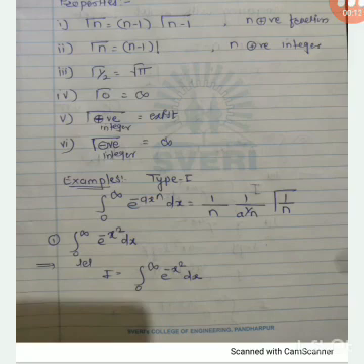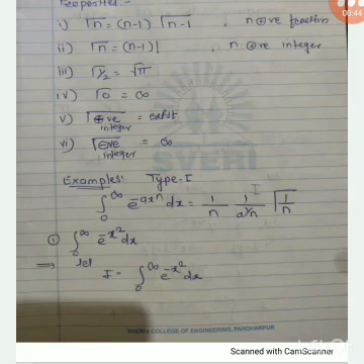Today we are going to see one of the important bits of integral calculus, that is the gamma function. Okay, let's start with the definition first. For n greater than 0, the value of the integral from 0 to infinity of e raised to minus x, x raised to n minus 1 dx is called the gamma function, and it can be written as gamma n.